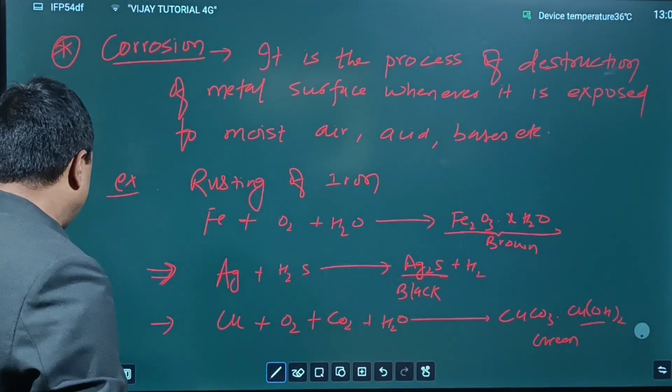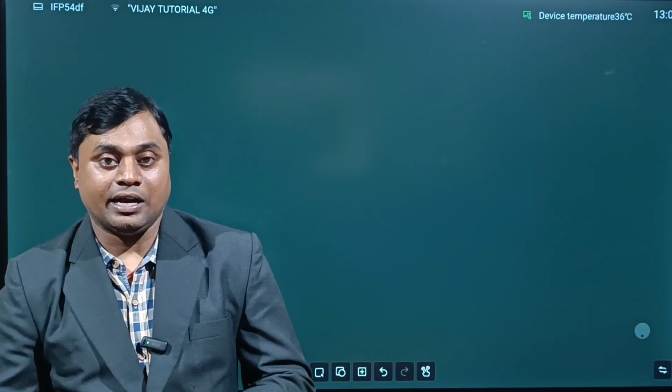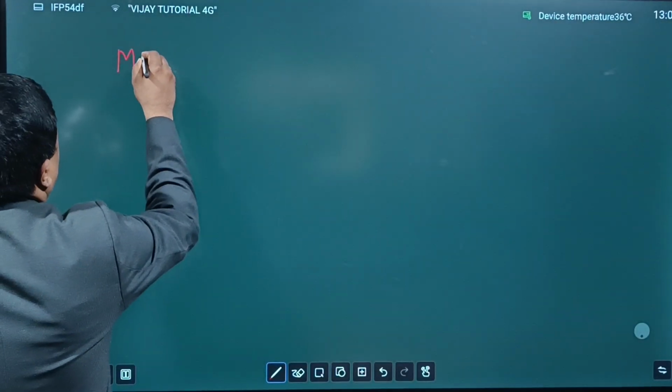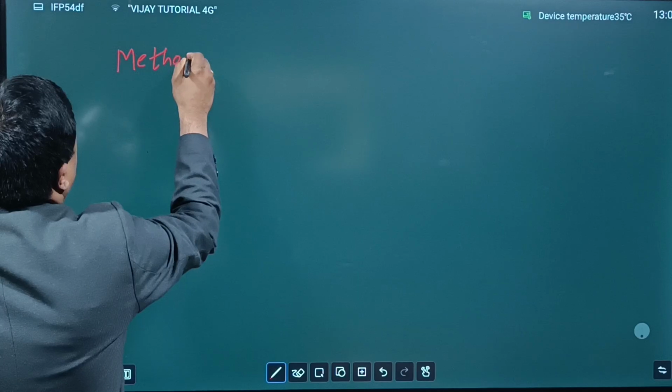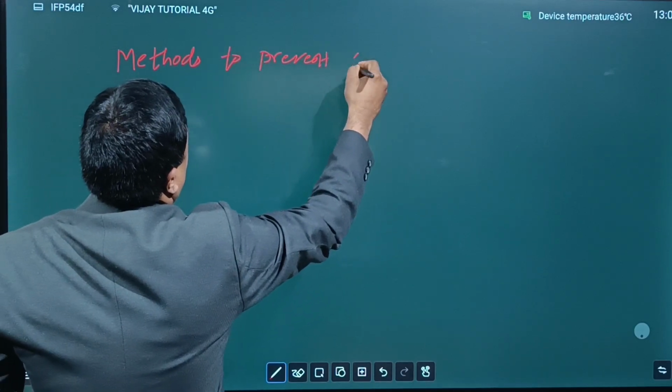One more question they may ask: how can we prevent corrosion? We have various methods like painting, oiling, greasing, galvanization. What is galvanization? The process of coating a layer of zinc on an iron article is called galvanization. They may ask methods to prevent corrosion for 2 to 3 marks.